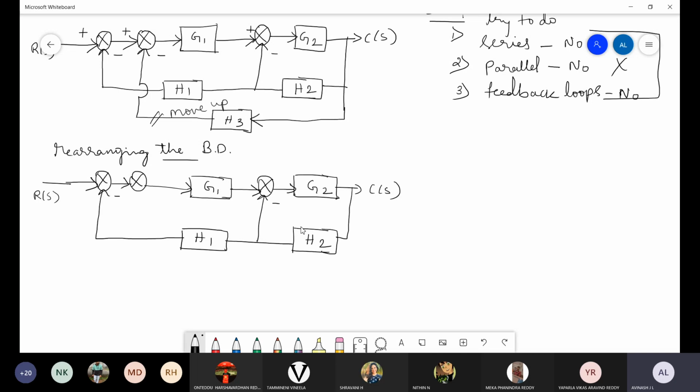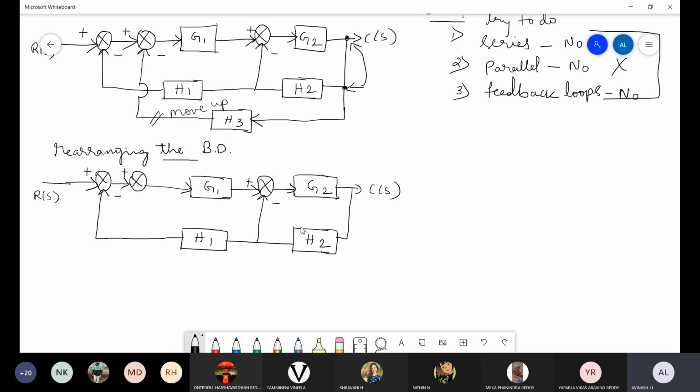Now, what I have done is I have not modified anything. As of now, I have taken everything as in the previous diagram. I told you that this H3 is there, no? H3 is connected to this point, and this particular point is connected to this one. The same thing is connected.